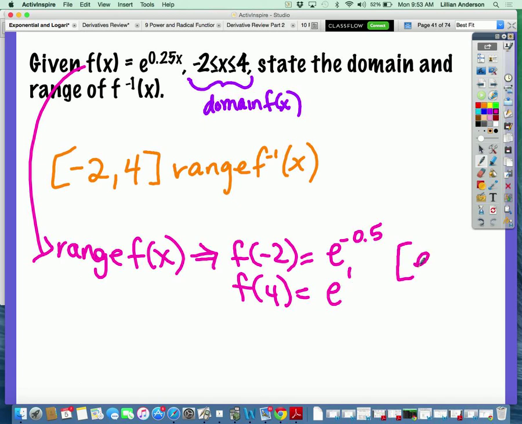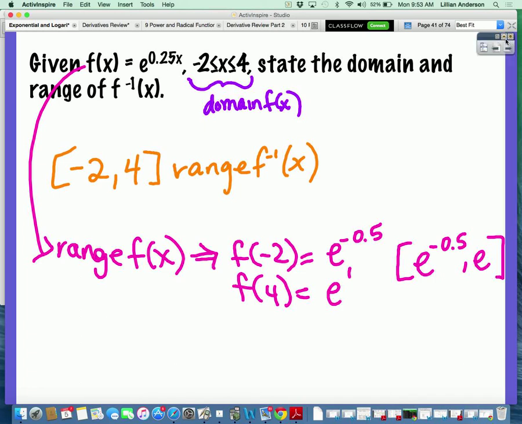So the range of my original function is this, which means it's the domain of the inverse. Rewrite the decimal to something like that.